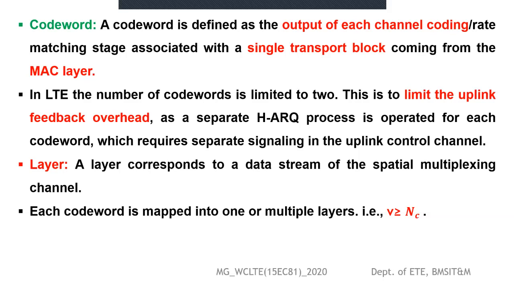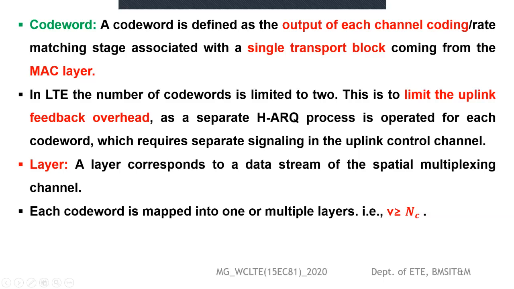So if I use more code words, I need more HARQ control signals, increasing the feedback overhead. To overcome the problem, the number of code words is limited to only 2. So this is about the code word.